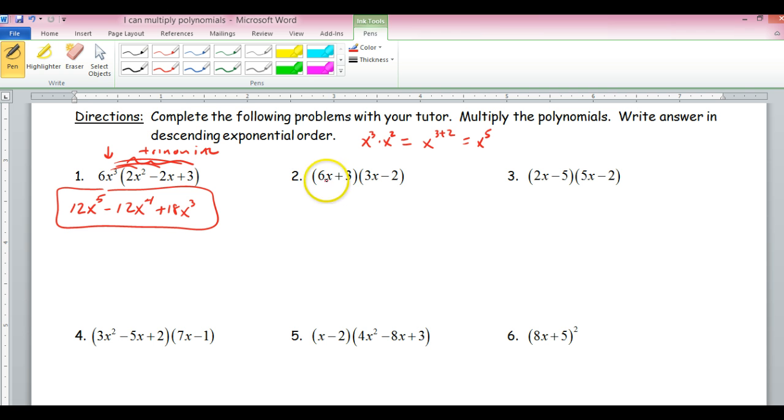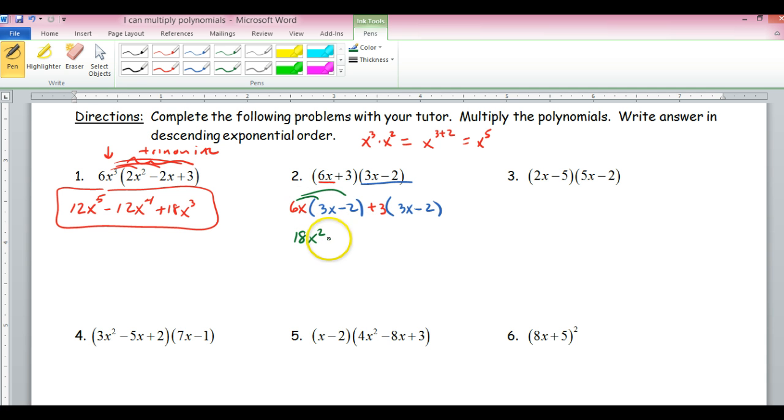The way I like to do it is to take each term in the first binomial, in this case 6x, and multiply it by each term in the second. We pull out the first term, distribute it, pull out the second term, and distribute it to the same binomial. 6x times 3x: 6 times 3 is 18, x times x is x squared.